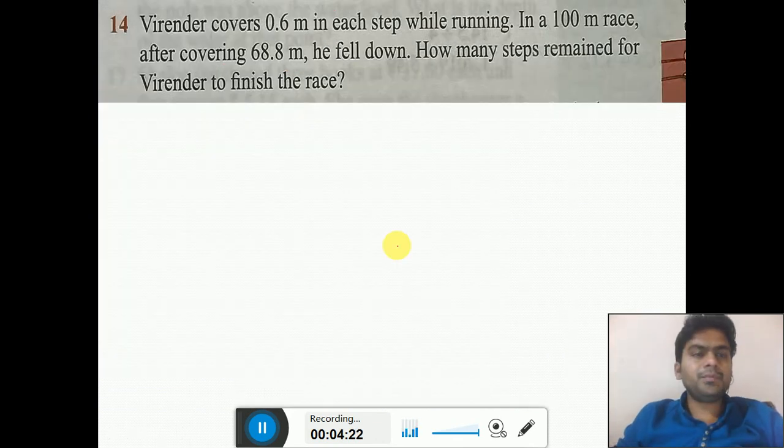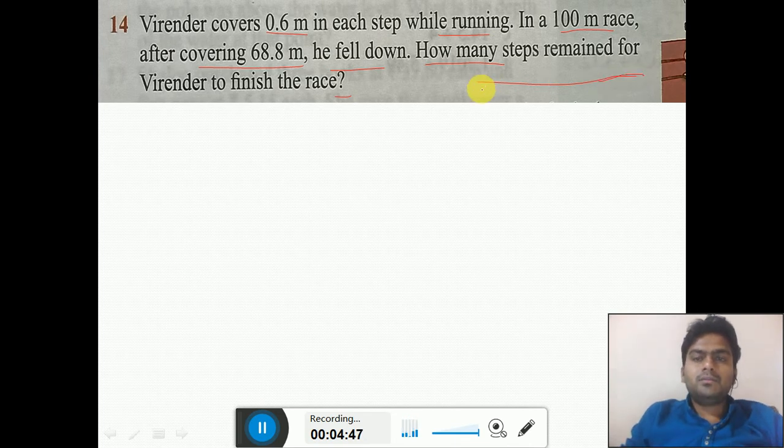Next question. Virender covers 0.6 meter in each step while running in a 100 meter race. After covering 68.08 meters, he fell down. Now how many steps remain for Virender to finish the race? So let's suppose there is a race of 100 meters. Now the total length of the race is 100 meters.